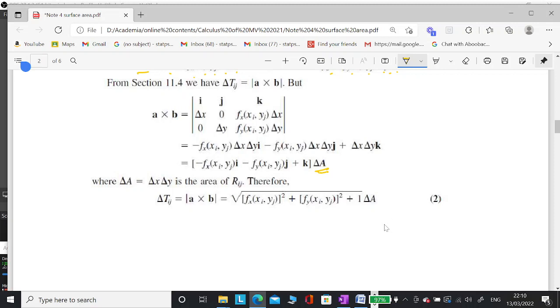Therefore, delta Tij becomes the square root of fx of xi, yj squared plus fy of xi, yj squared plus 1, whole into delta a, because the modulus of k is 1.